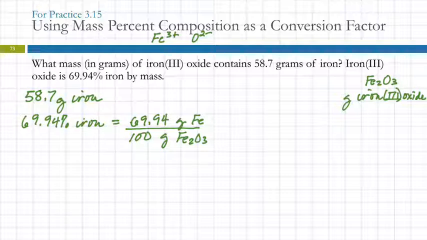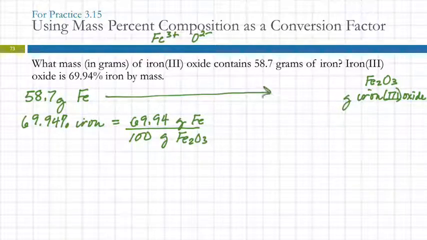So when I'm trying to get from iron, I'm just going to rewrite this as Fe. I'm going to try to get from grams of iron to grams of Fe2O3. I can do that in one step using this conversion factor, because it gives me that relationship. 58.7 grams of iron.